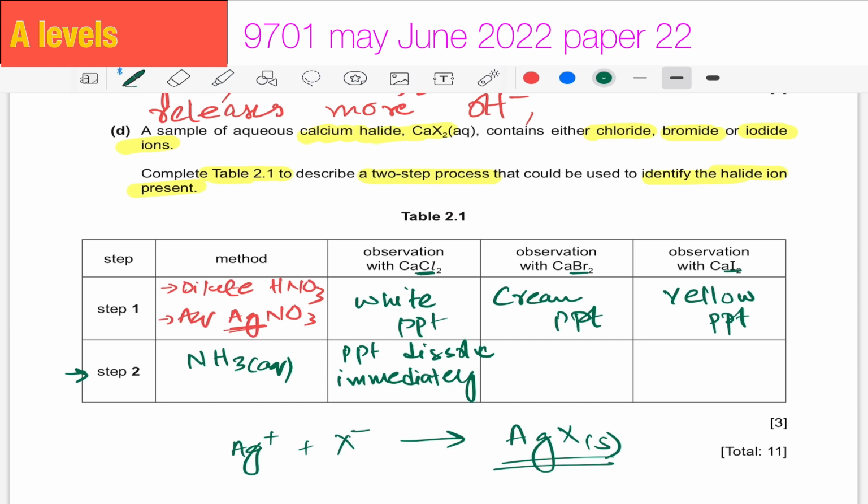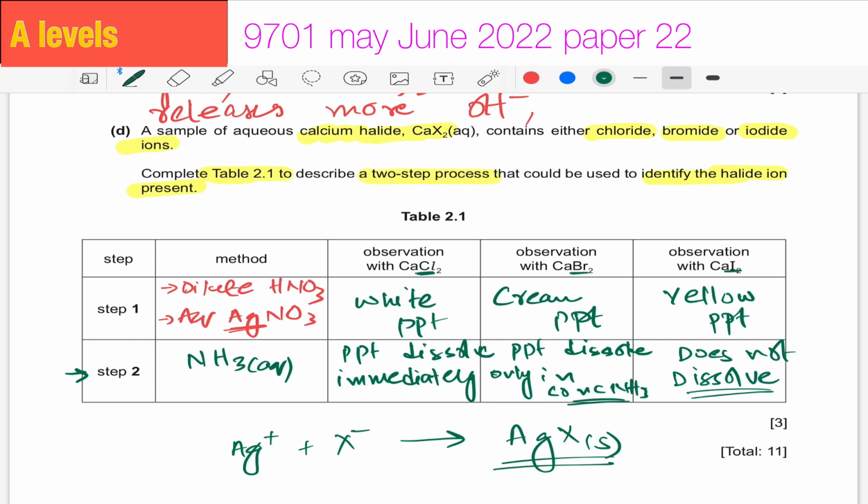But if the PPT does not dissolve on adding dilute ammonia, and it only dissolves if we add concentrated ammonia, then it is bromide ion. And if the PPT does not dissolve, whether you add dilute or concentrated ammonia, it remains insoluble, that means it is iodide ion.